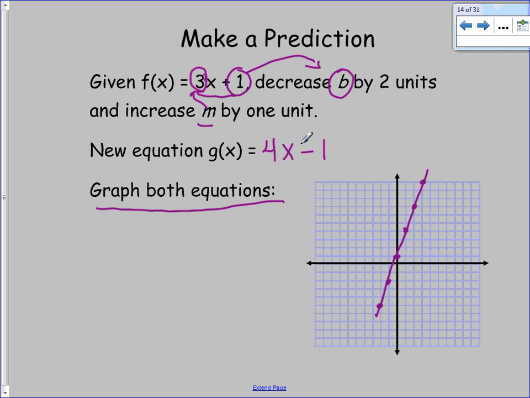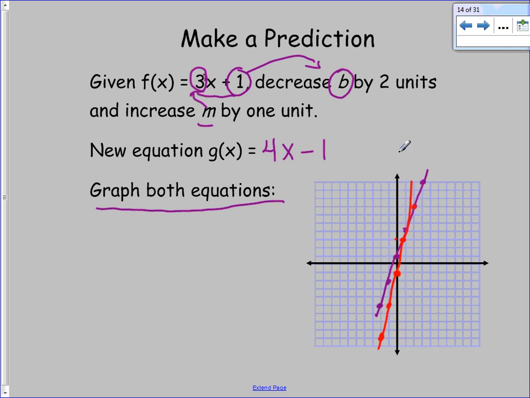My new equation, 4x minus 1. I start down here. I go up 4, 1, 2, 3, 4 over 1. And then it'll intersect.